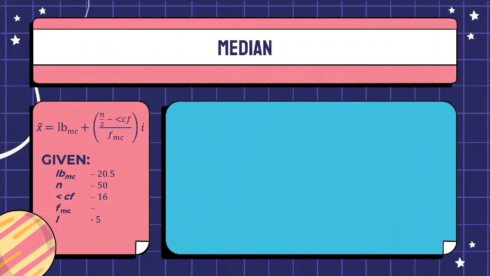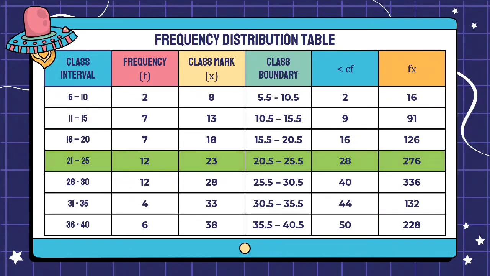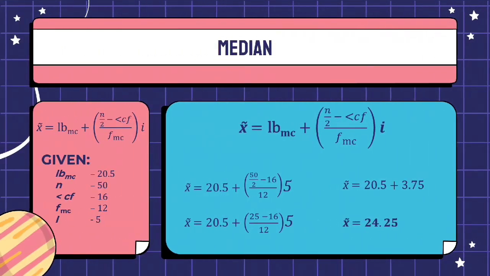On top of that, FMC, or the frequency of the median class, has a CF of 12. Now that our unknowns are now known, we can now solve for the median. Substituting it to the formula, we will get median is equal to 20.5 plus the quantity of 25 minus 16 all over 12 multiplied by 5.